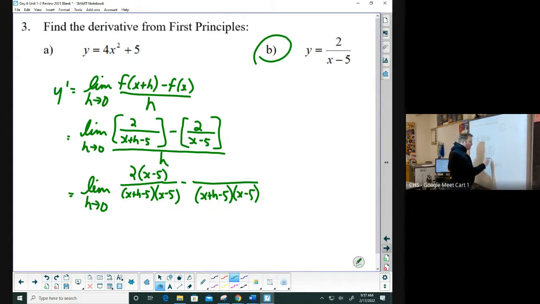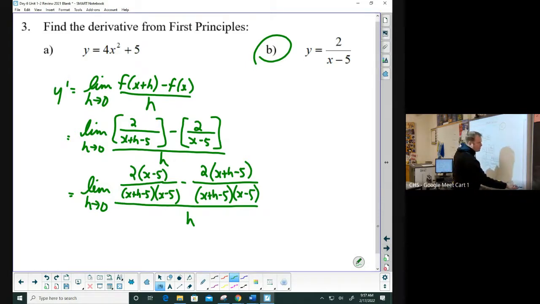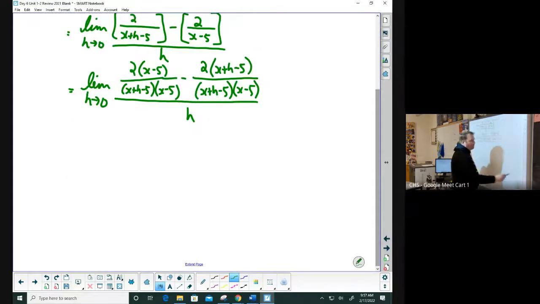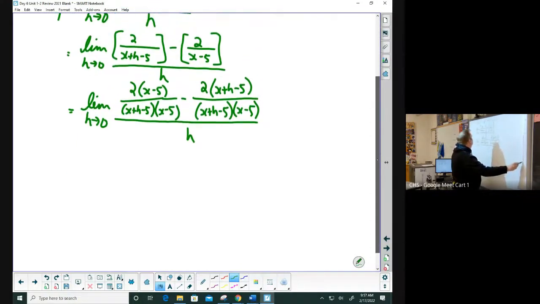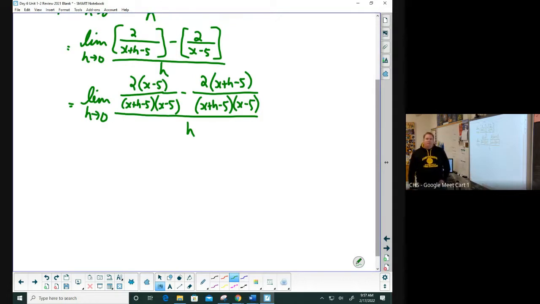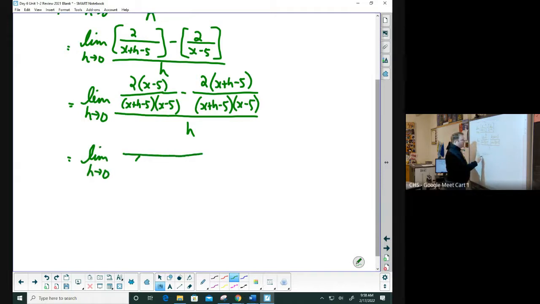So the top, which is also a 2, gets multiplied by x plus h minus 5, all over h. The whole purpose of a common denominator is so I can bring it together into one fraction, keeping that denominator.